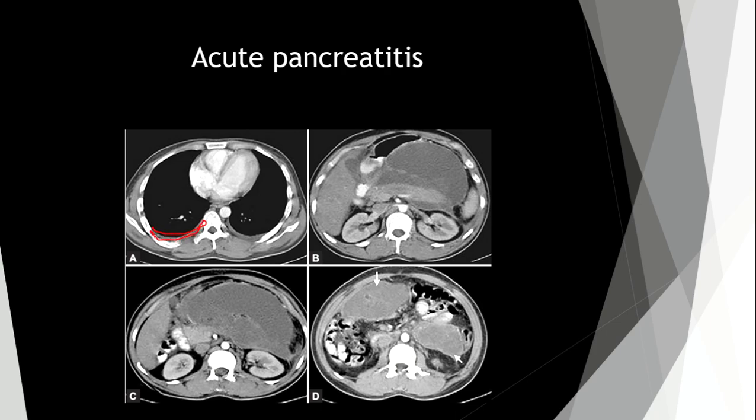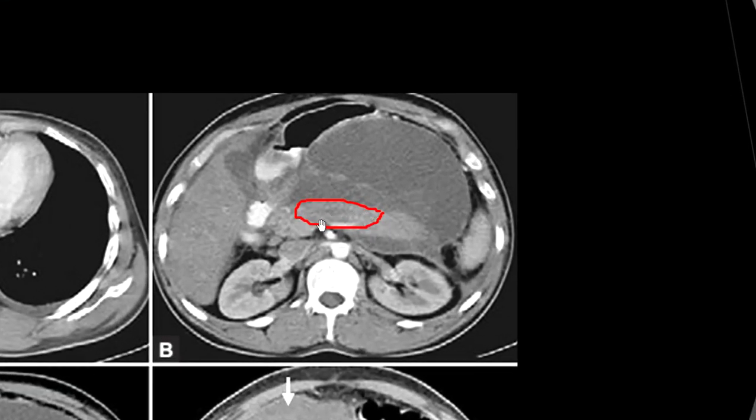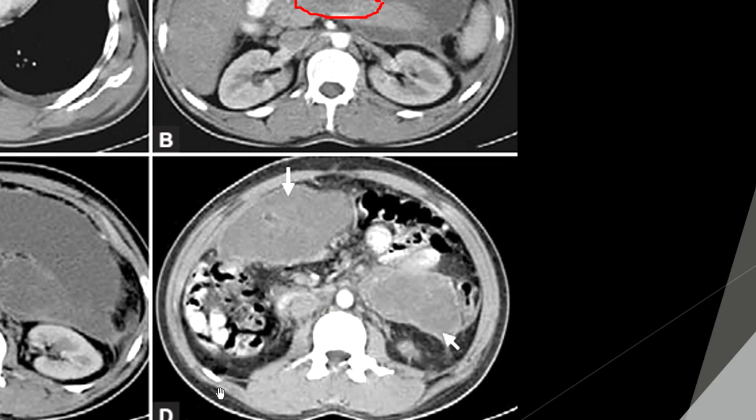It is placed between the lungs and the ribs. And if we look here, we see the difference in density between the normal parenchyma and the necrotic part of the pancreas.